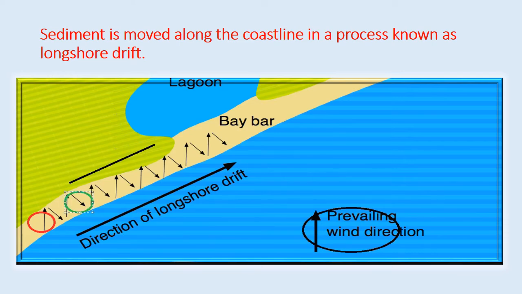Backwash is almost at a right angle to the shore. Due to continuous swash and backwash, it is almost 90 degrees, or a right angle, to the shoreline.